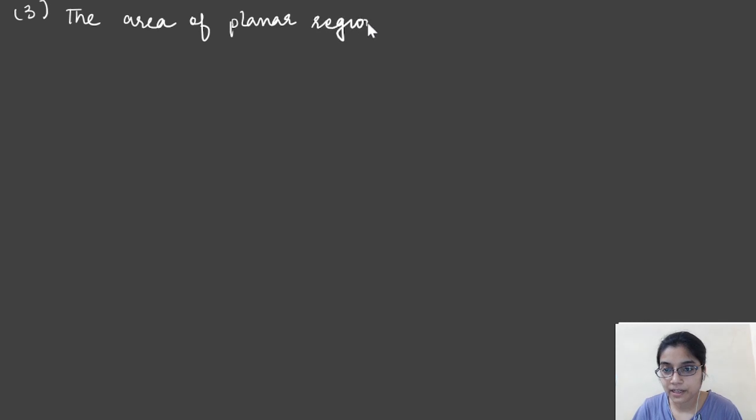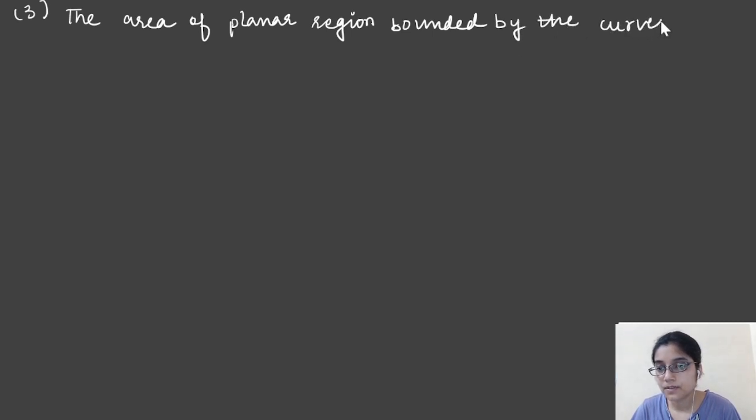Question number 3. Question number 3 is the area of the planar region bounded by the curves x is equal to 6y square minus 2 and x is equal to 2y square.